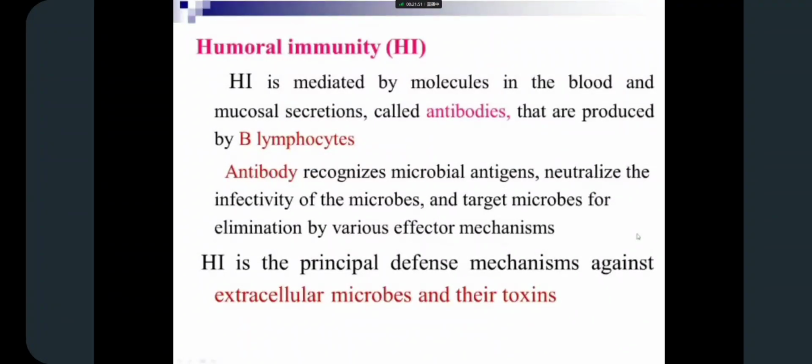Okay, so HI is the principal defense mechanism against extracellular microbes and their toxins, because antibodies can neutralize the infectivity of the microbes.